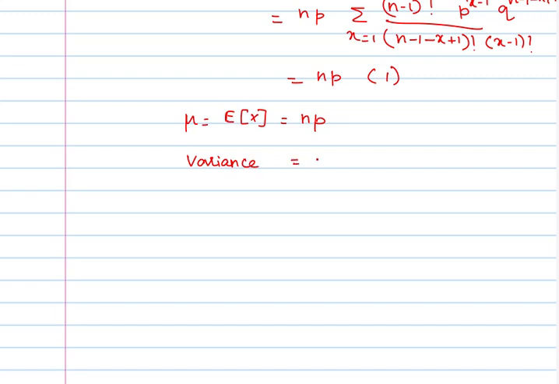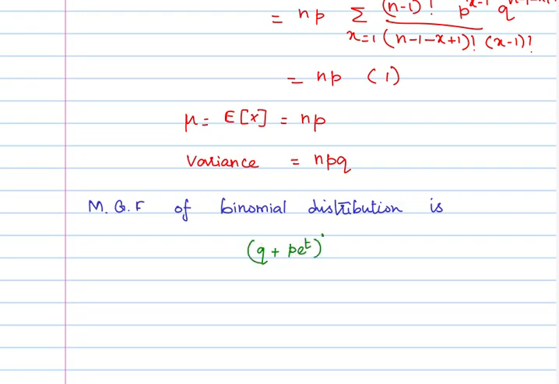Variance is npq. This is the variance. Now we see what the moment generating function of the binomial distribution is. It is (q plus p times e to the power t) whole power n.